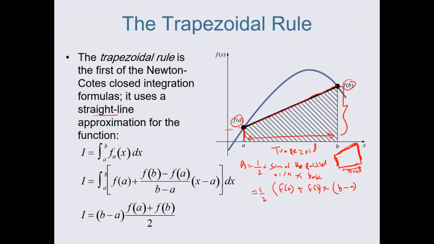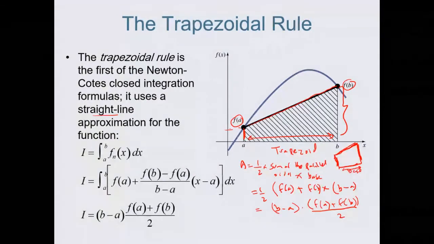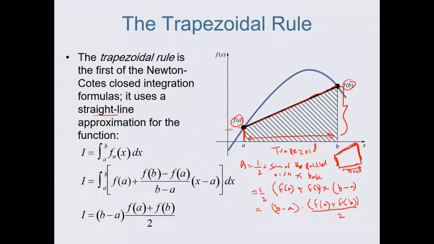So if I bring the b minus a first, we can write the area as this, and then we say that our integral is equal to the area. So that's the equation we get for the trapezoidal rule.